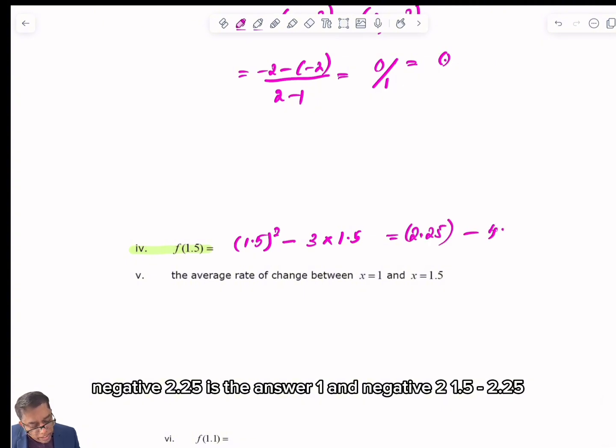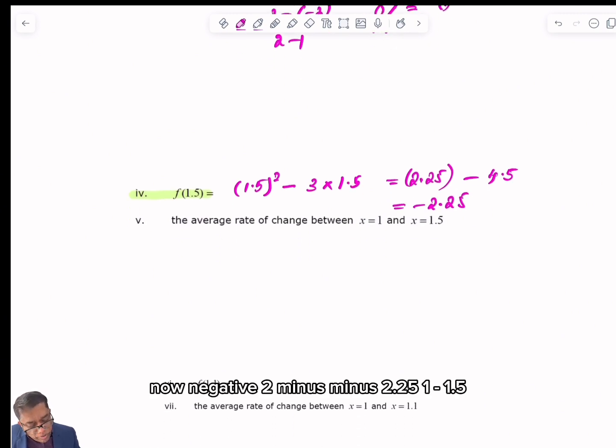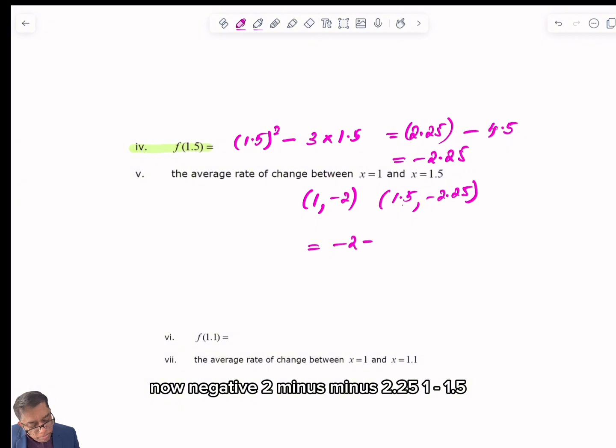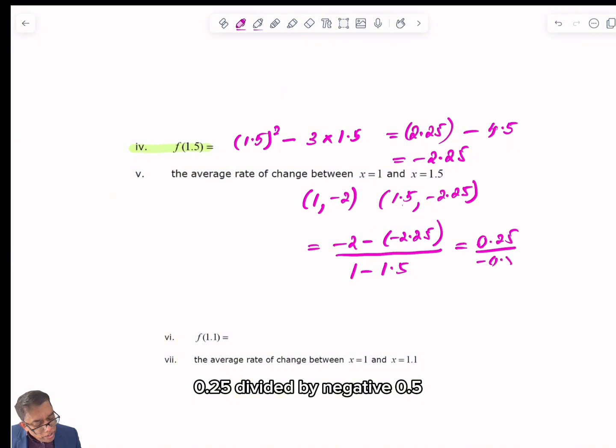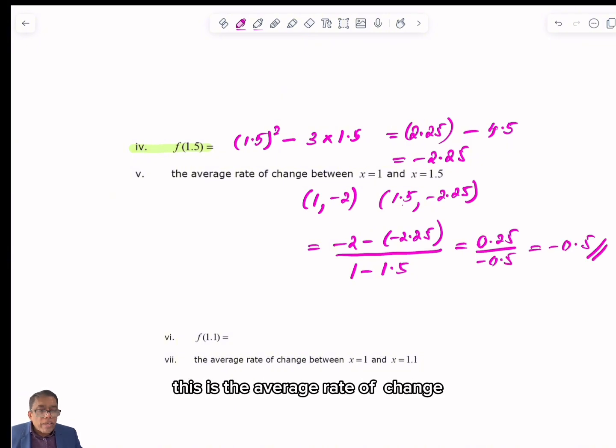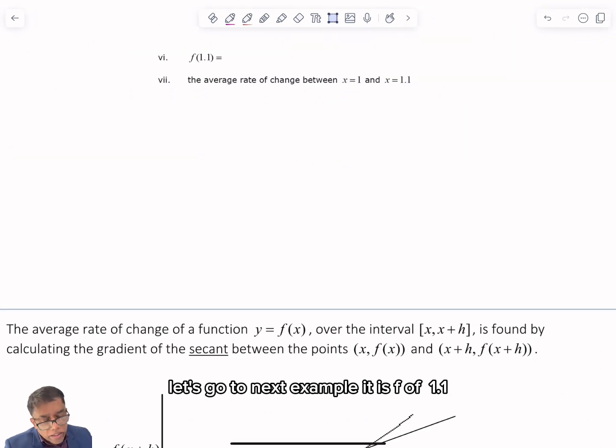So we have the points 1 and negative 2, and 1.5 and negative 2.25. Now, negative 2 minus negative 2.25 over 1 minus 1.5, that is 0.25 divided by negative 0.5. The answer is negative 0.5. This is the average rate of change. Let's go to the next example.